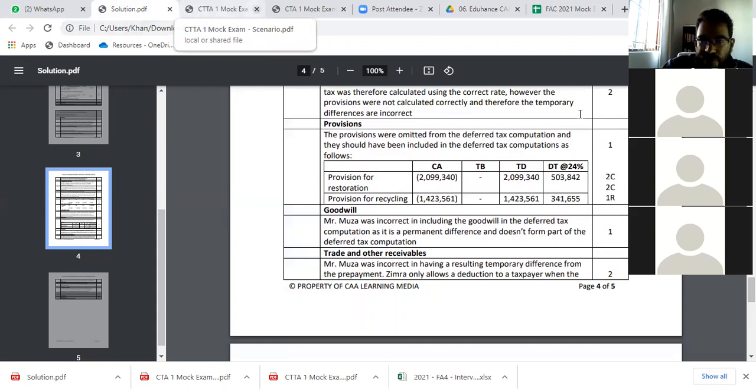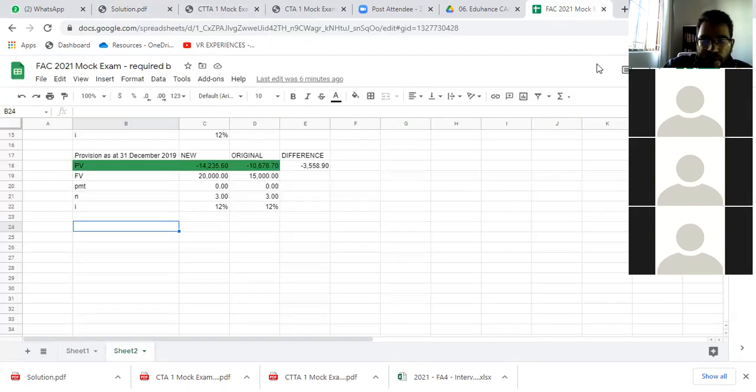Okay, so let's just see. If I just say restoration, and if I split here, I say recycle.